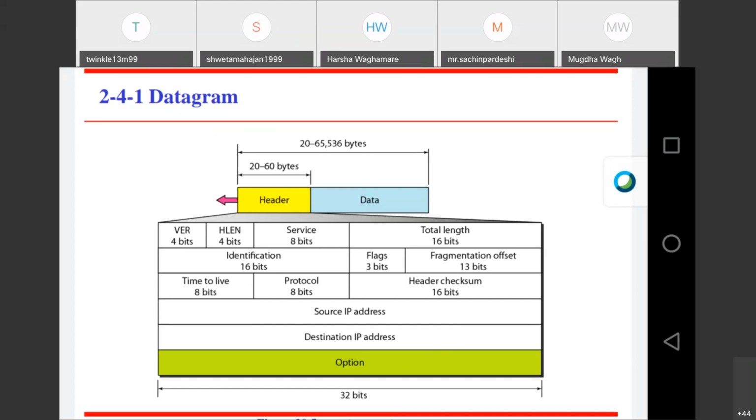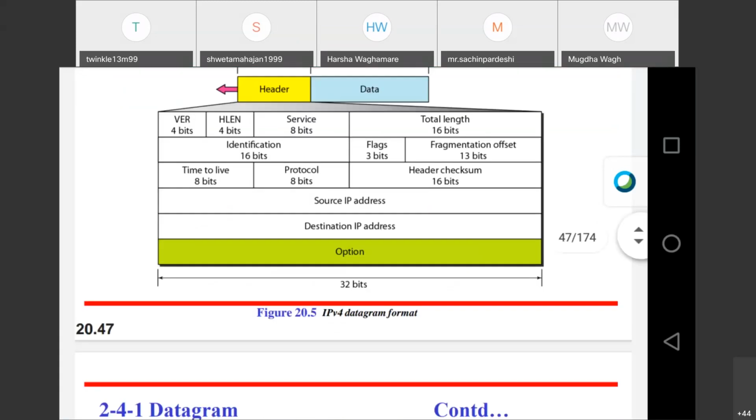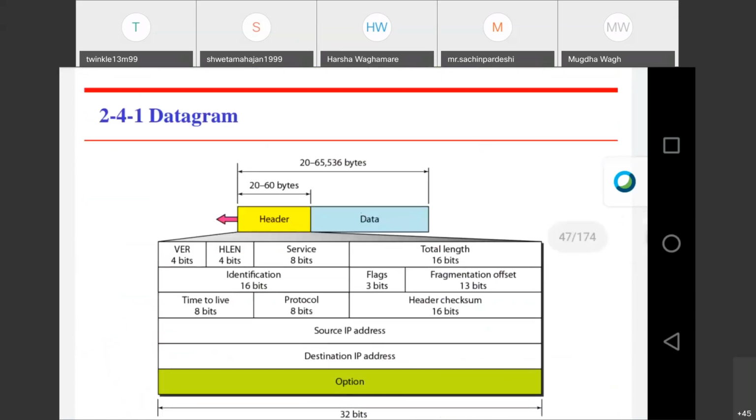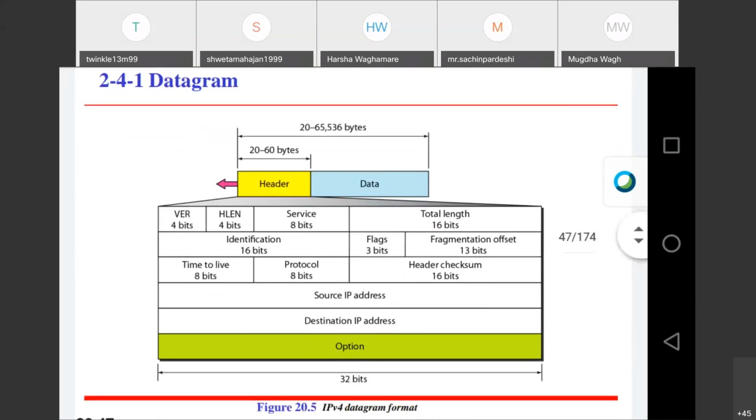So whatever the header length value is, it is multiplied by 4, and in this way we can calculate the size of the header.